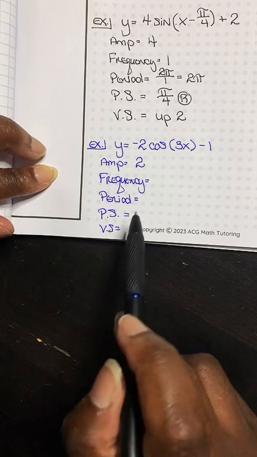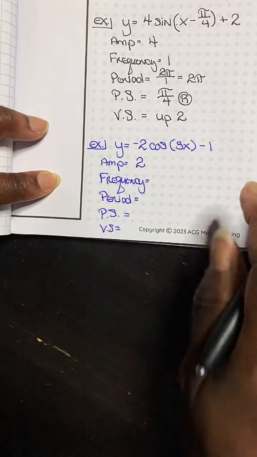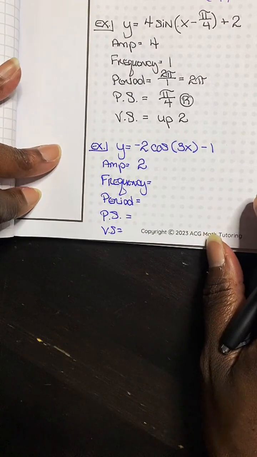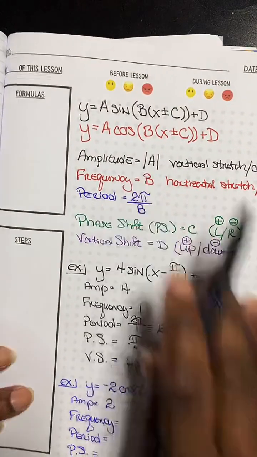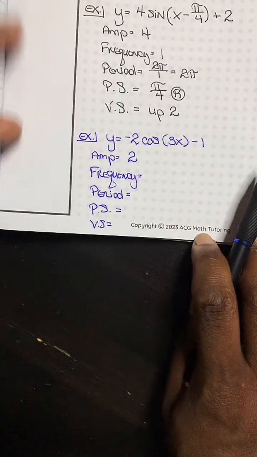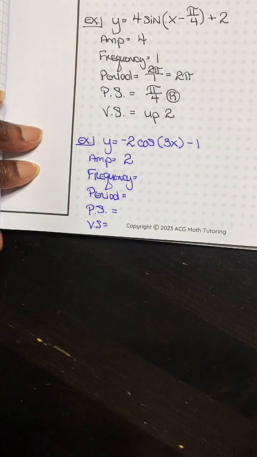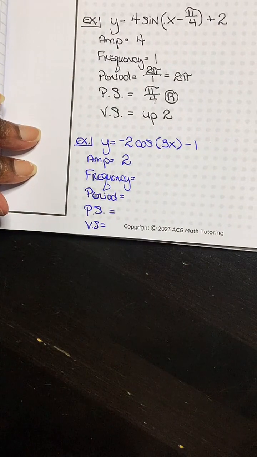Okay, good. Now my frequency, the frequency is the B. The B is always what's in front of the X. So in this case, what is my B? What's in front of my X? You can put it in the chat now.